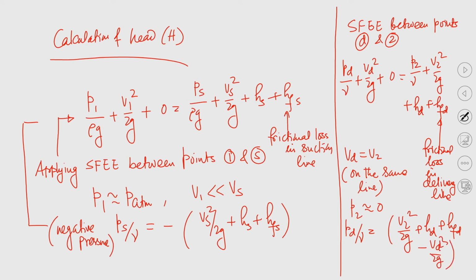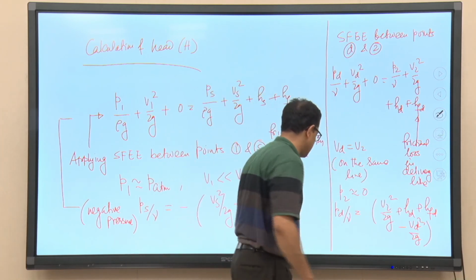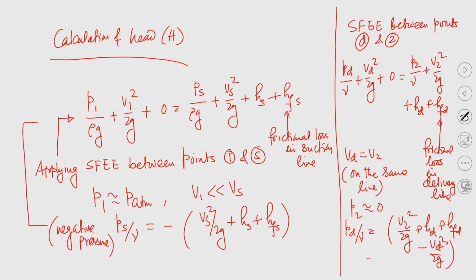As I said, V 2 equal to V d, then that will be H d plus H f d. So, that is nothing but H d plus H f d. So, what we have obtained? This is the pressure reading we will be getting from the delivery pressure gauge.